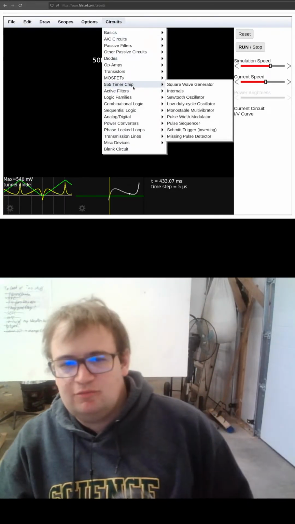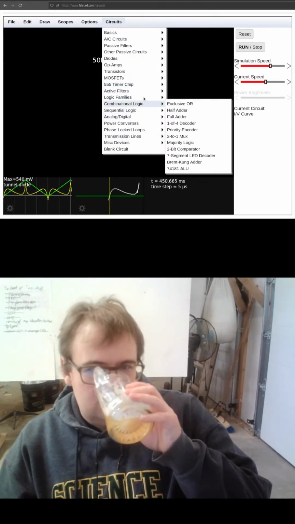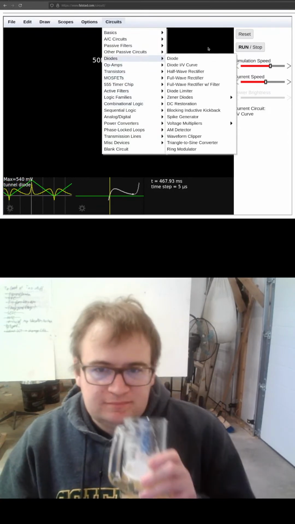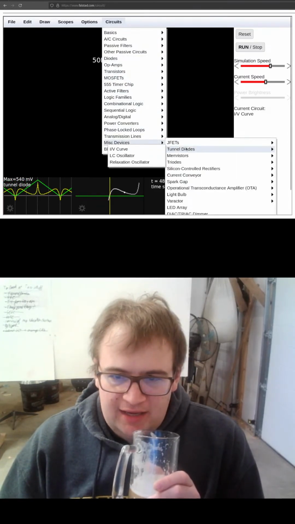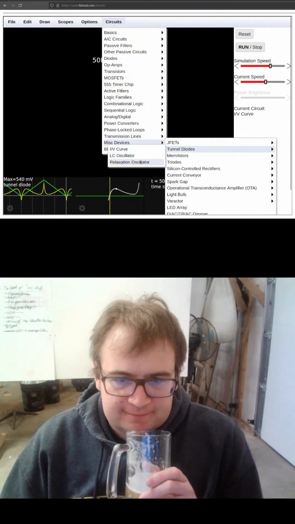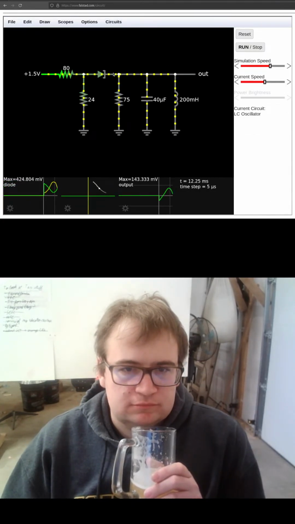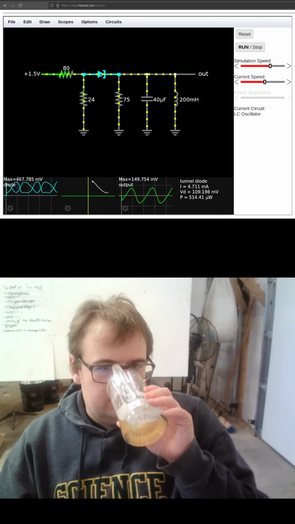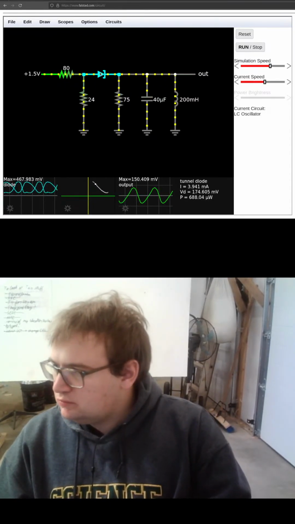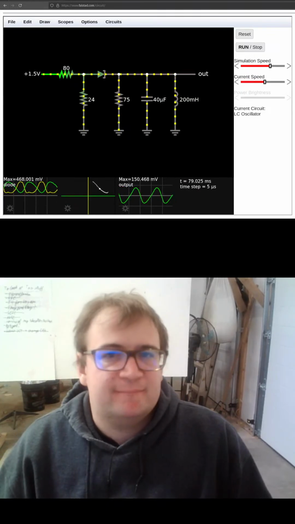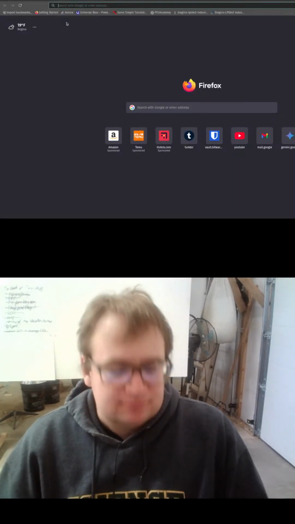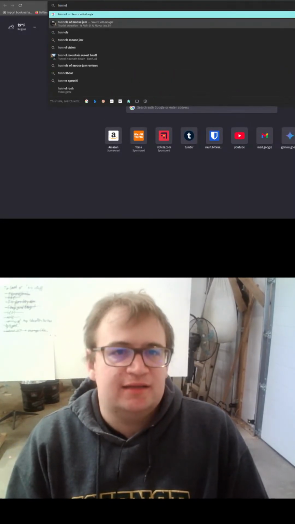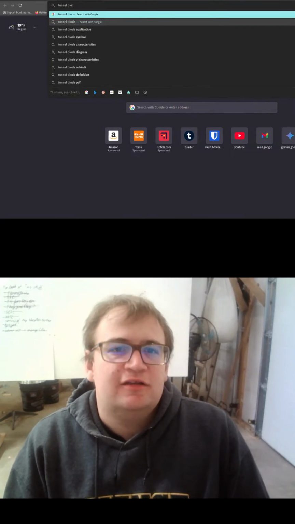See if there's some other ones here. We are going to stick with tunnel diodes, though. You know what we could do? I could sort of break from normality. Google tunnel diode.